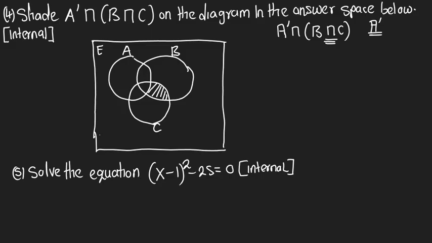I'm just making an assumption: if they said A intersection B, then union C, then they put a complement here, cover the entire of B and C. So B union C, cover it all. What you're going to remain with is this part.